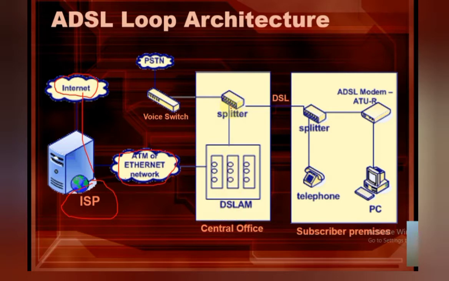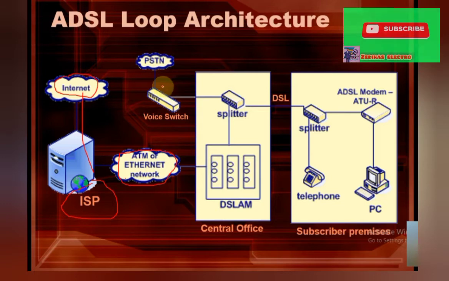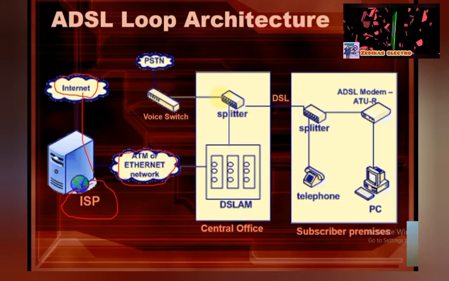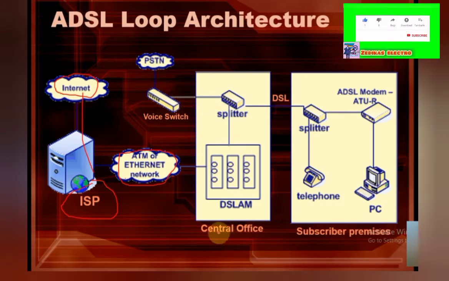The splitter is a low-pass filter that filters the analog voice from the ADSL, I mean the DSL AM. The PSTN and the voice switch come to the splitter, which is under the central office here.